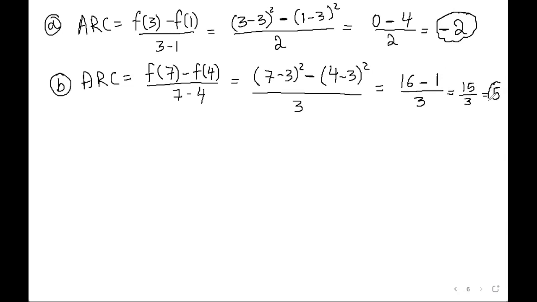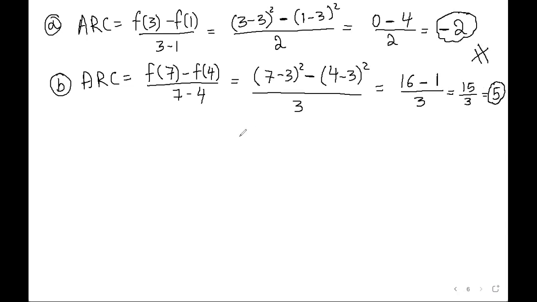Thank you. So look, the average rates of change between these points are different. It's minus 2 and 5. The average rate for the first one is minus 2. The average rate between 4 and 7 is 5. It's not the same. Why?